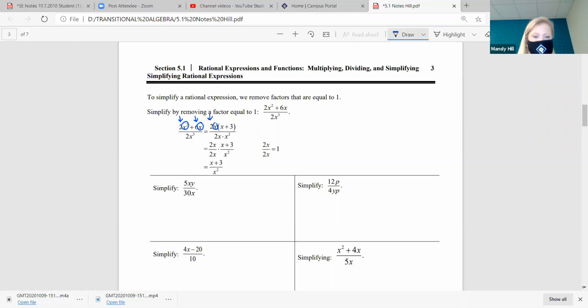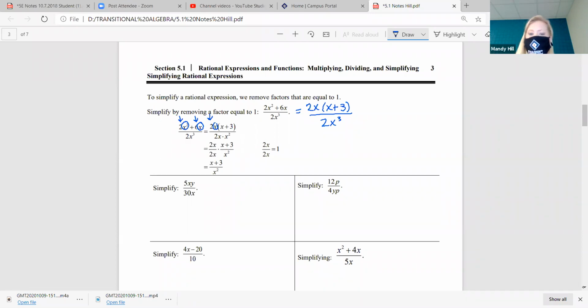Now, here's what I'm saying to you. I would not go through all these steps to work this. I would have done that first step that they did and say, pull out a 2x from both terms, and then on the bottom I would have a 2x to the third, okay? And if all of these steps make sense to you, that's great. You can do it that way.